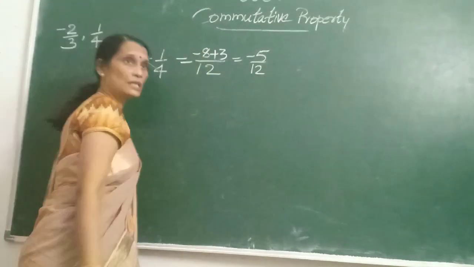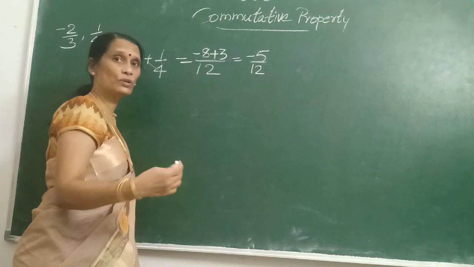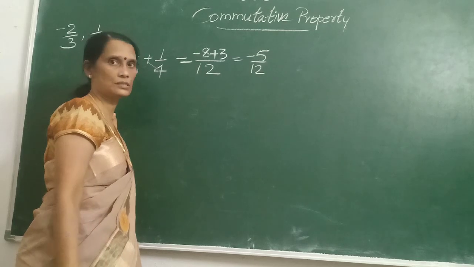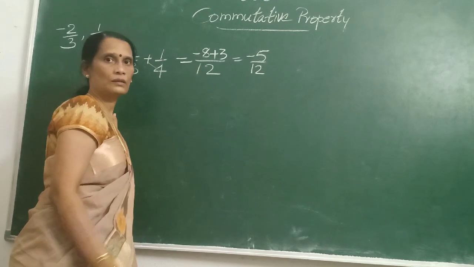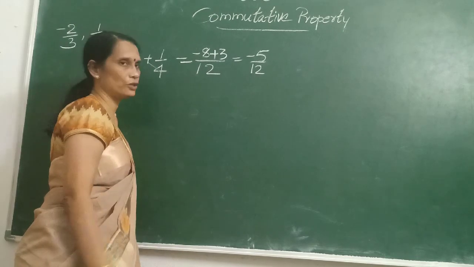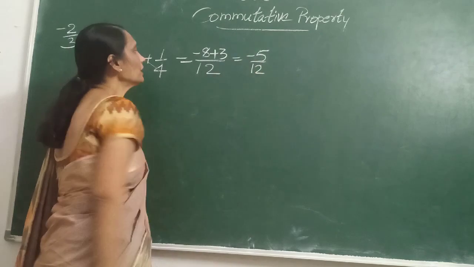In integers addition, if you feel difficulty, see my previous video of 7th class integers part 2 and part 3. Addition, subtraction and everything is explained there. Just watch that one, okay? So minus 5 by 12.